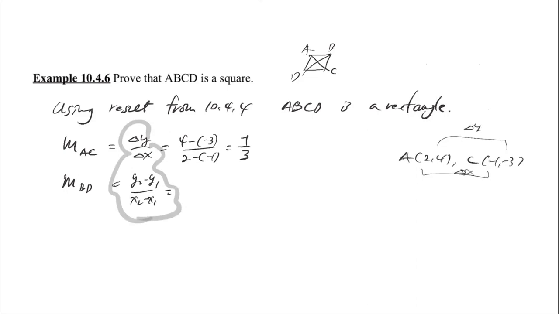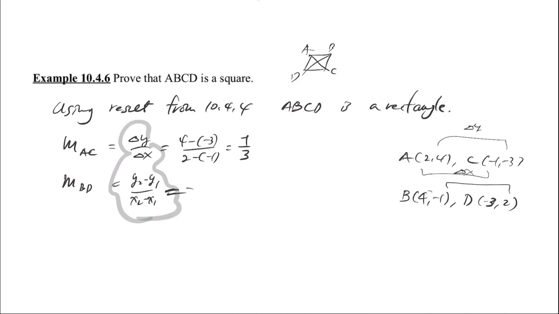And B and D. For the sake of clarity, let me copy down the coordinate of B, 4, negative 1, and D is negative 3, 2. Okay, so we want to change the y first, and let's go right minus left this time. It's easier. It really doesn't matter, actually. So, you know what? Let's be consistent, left to right.